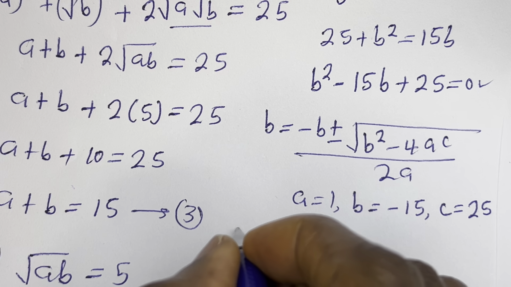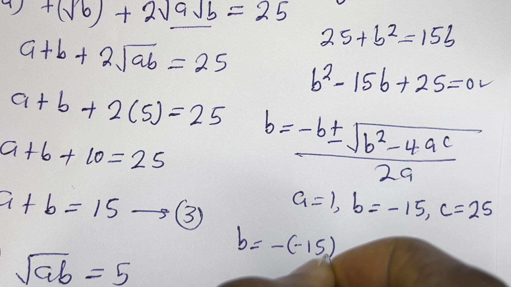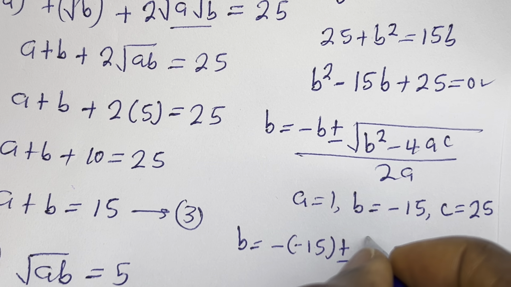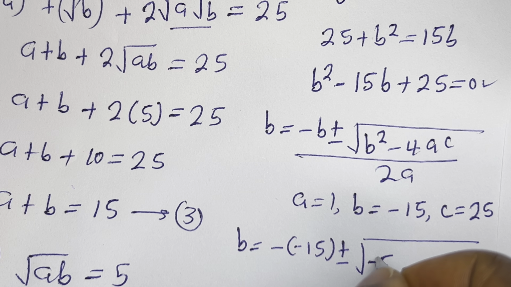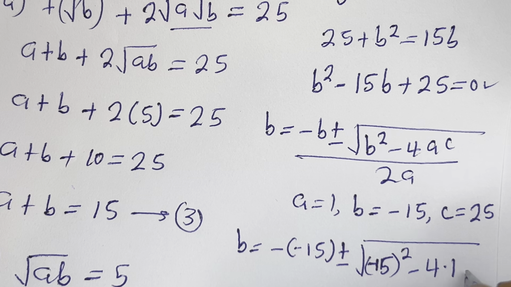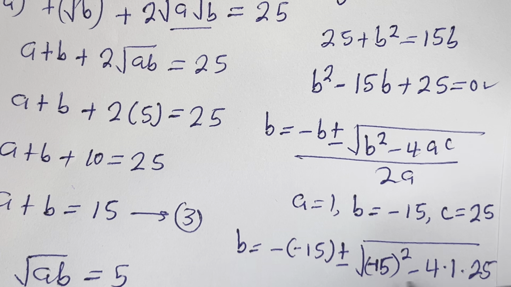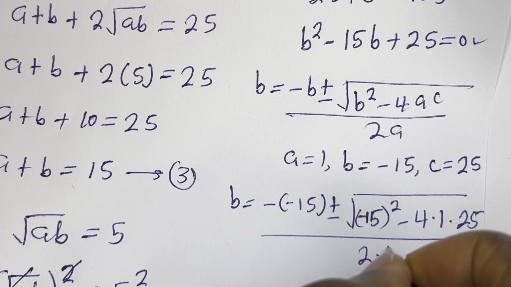Then this can be written as b is equal to minus bracket minus 15 plus or minus square root of minus 15 squared minus 4 multiplied by 1 multiplied by 25, everything divided by 2 multiplied by 1.